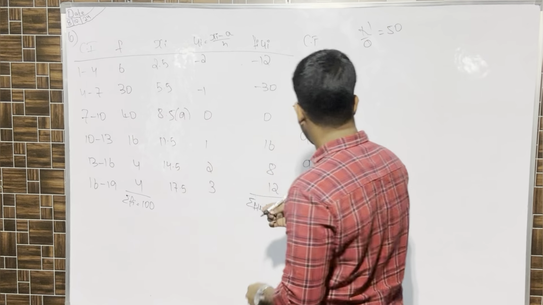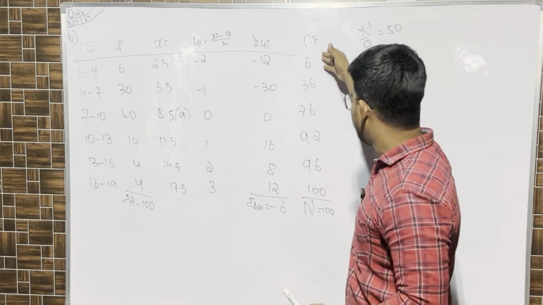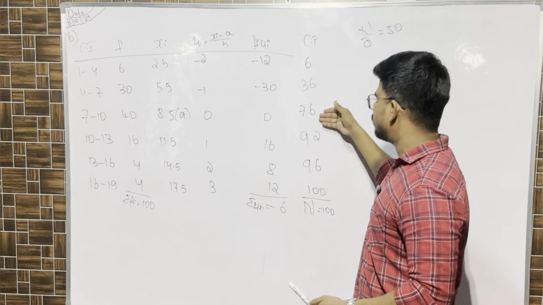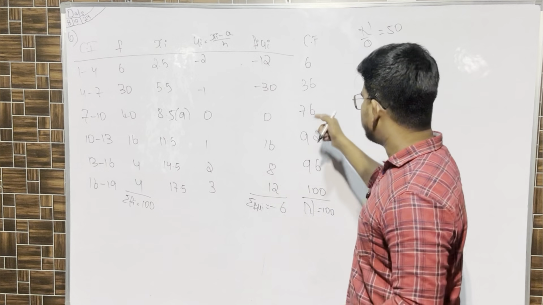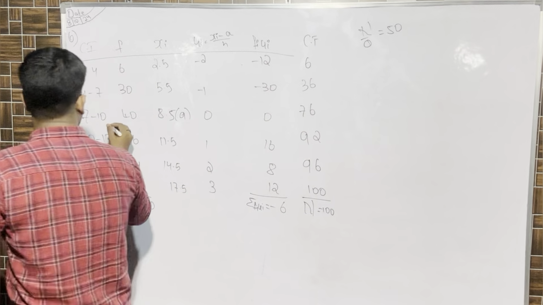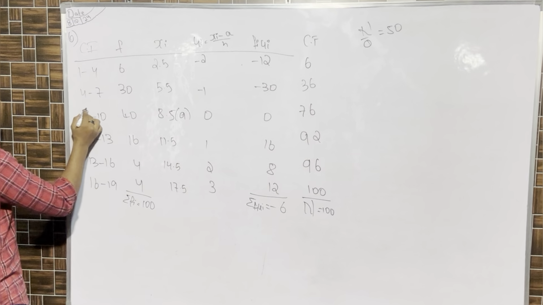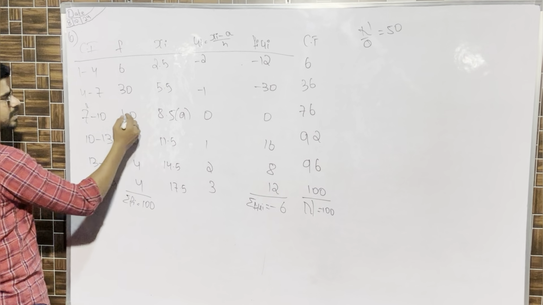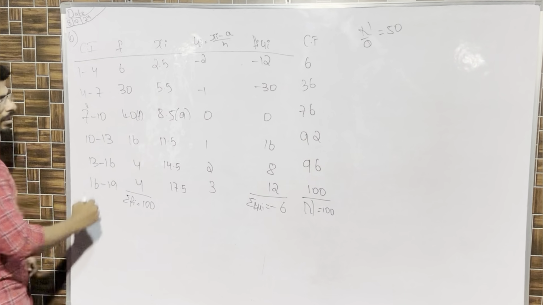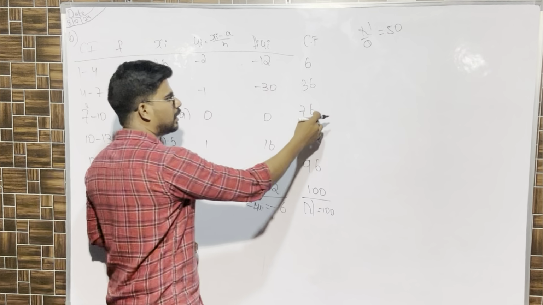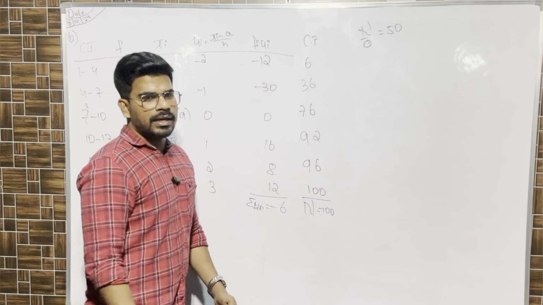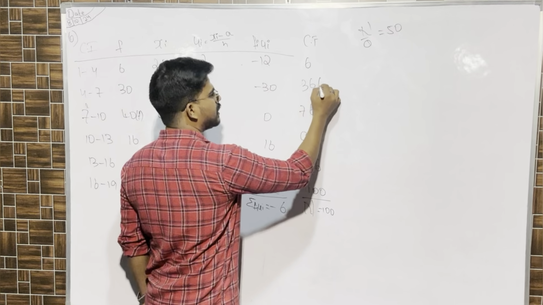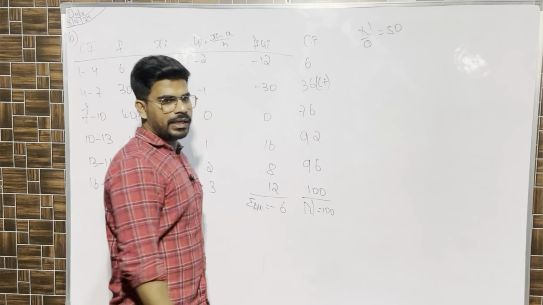n by 2 is 50. We have to check 50 in the cumulative frequency. 50 is greater than 36 but less than 76. So we have to come to this row and encircle it. The value of L is 7 and F is 40. Cumulative frequency, 76 or 36? 36. This is the cumulative frequency, right?